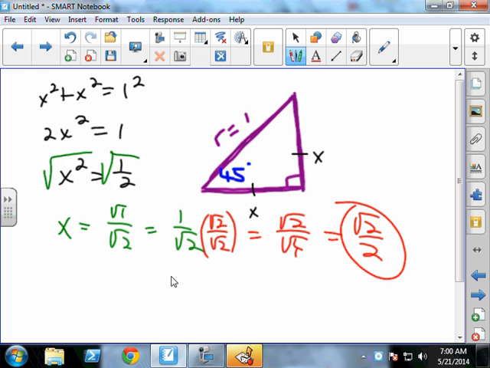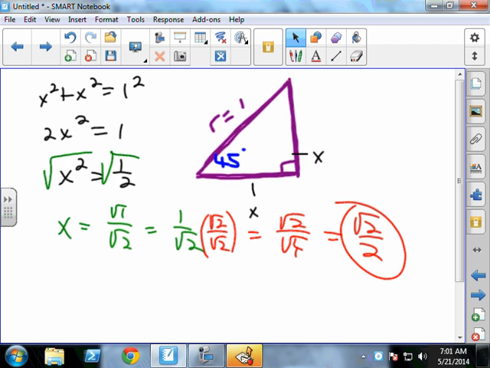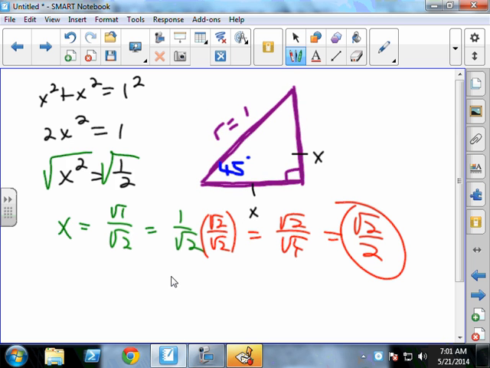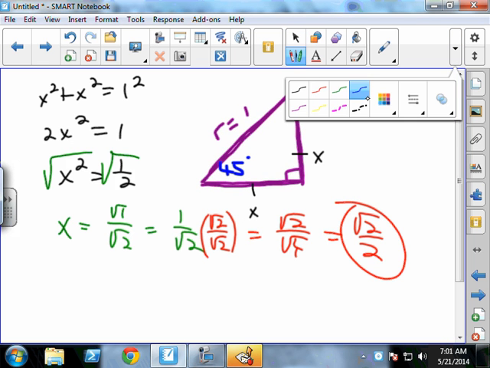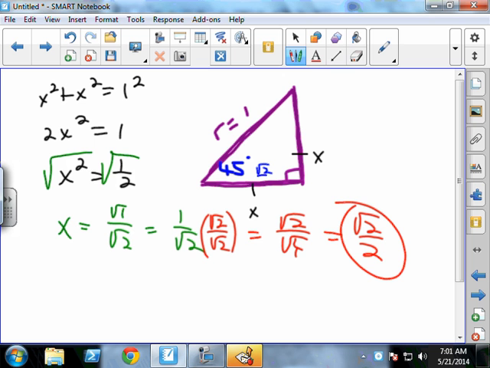So, the deal then is, in this reference triangle that we were looking at, the length of a leg, or the base of it, is rad 2 over 2. Now remember, we said that the other side is the same length. So the other side is also rad 2 over 2.